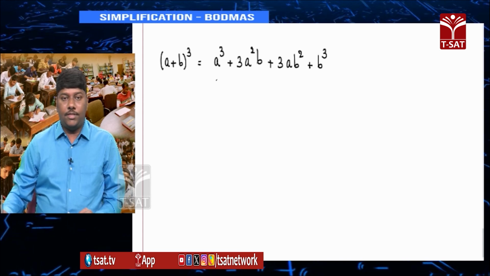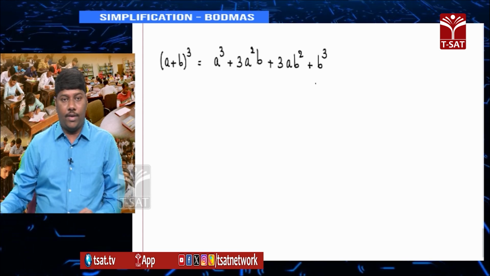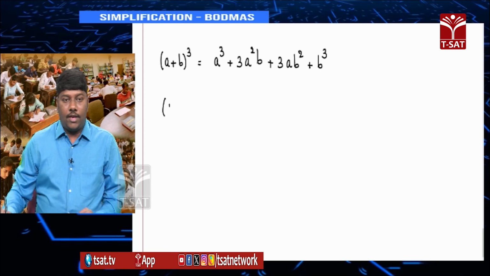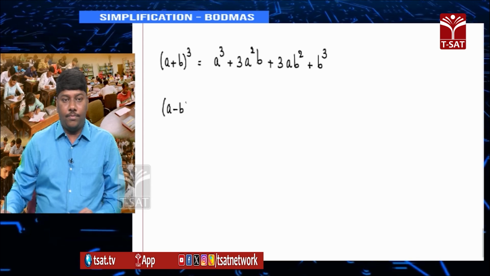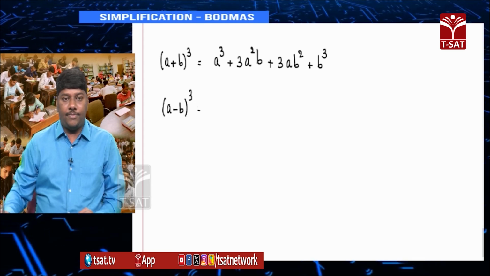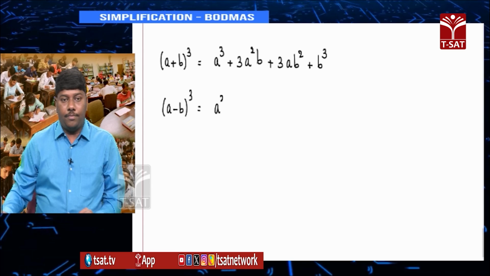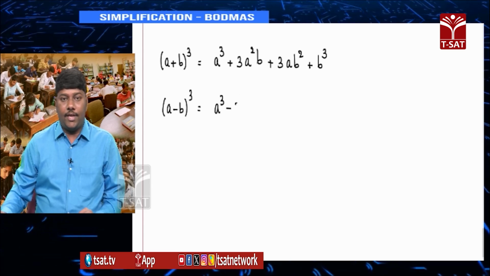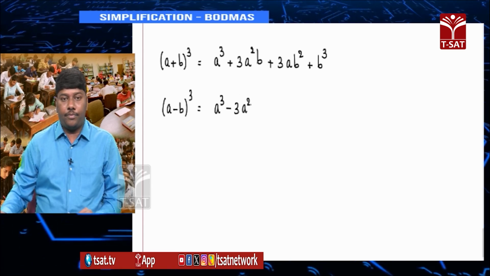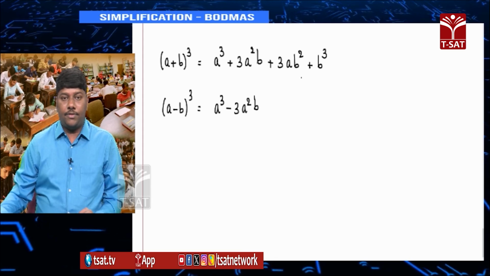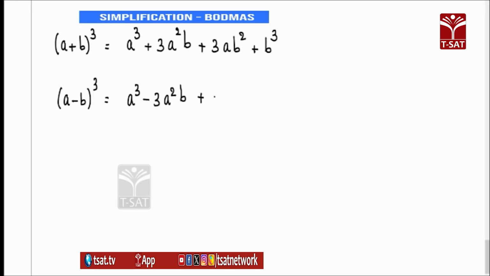So, all you have to remember is the coefficients 1, 3, 3, 1. A minus b whole cube: instead of b, you put minus b here. So, a cube minus 3a square b, and here minus b whole square is plus b square only. Therefore, it becomes plus 3ab square minus b cube.